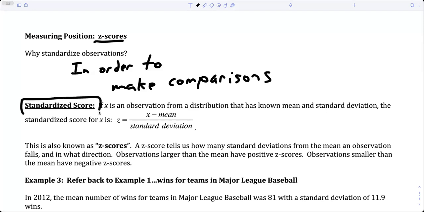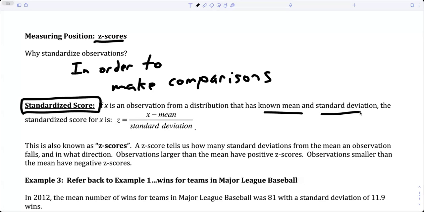So a z-score is called a standardized score. If X is an observation from a distribution that has a known mean and a known standard deviation, then the standardized score for X is going to be Z equals the observation minus the mean divided by the standard deviation.